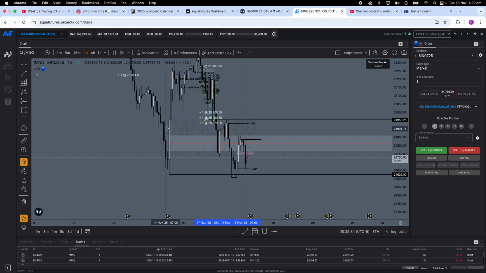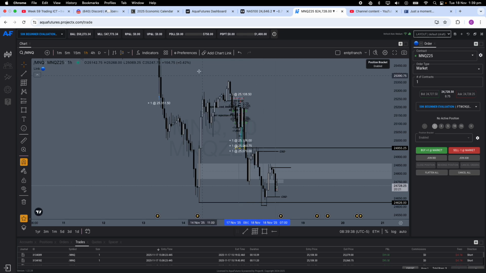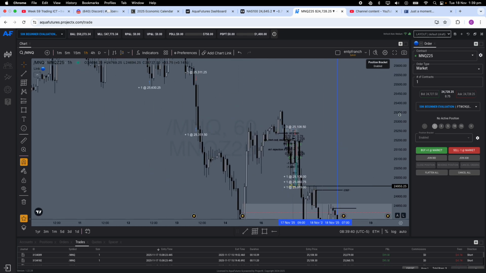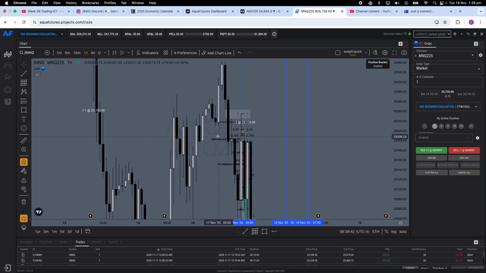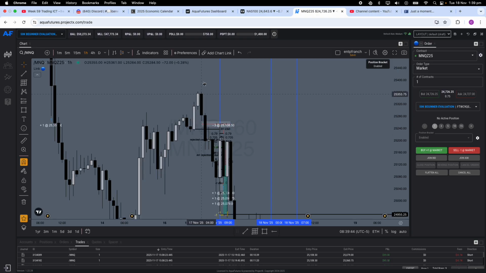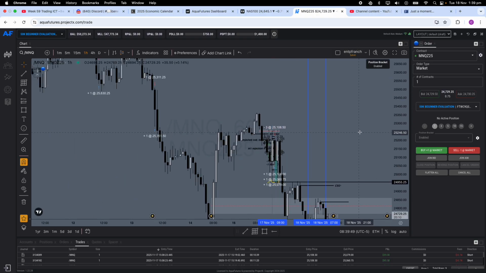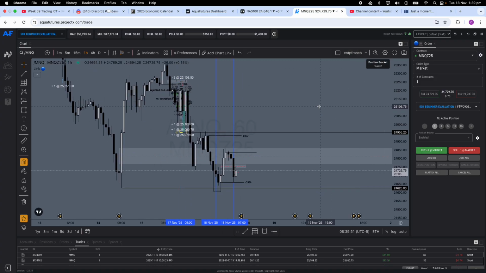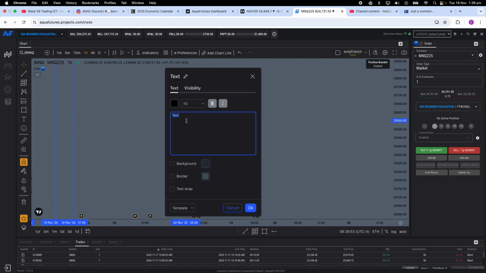On Friday though, at 10 a.m., we opened up with a bullish CSD, bang, longs. Now yesterday was a bit more advanced. We had a bearish CSD and we rejected a bullish CSD. So our bias was bearish. We can write that out as well.